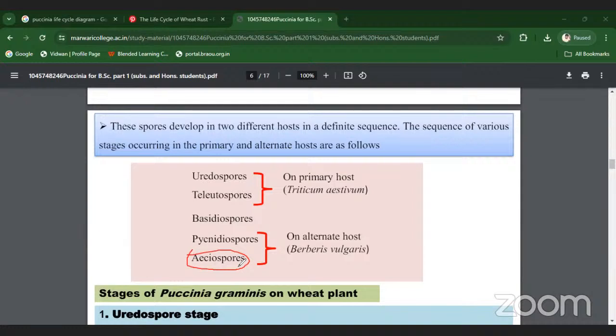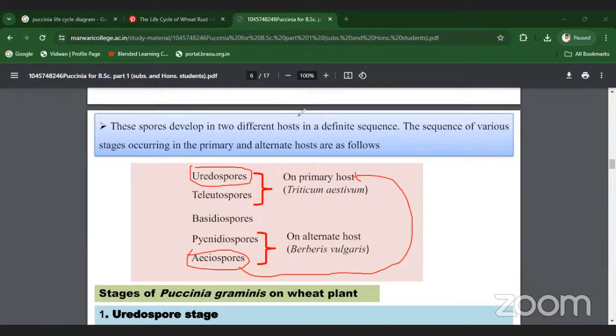After formation, this aeciospore is liberated from the barberry plant, and these aeciospores infect the primary host wheat. After infection of wheat by the aeciospore, it germinates, germ tube formation, and mycelium forms in the wheat intercellular space. After the mycelium develops, it produces urediniospores. Remember, the first urediniospores are formed.